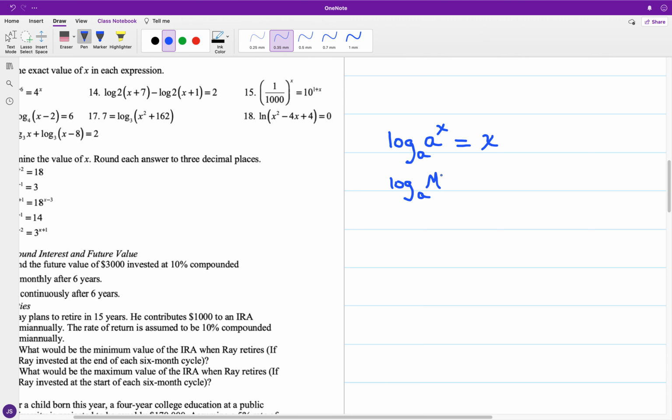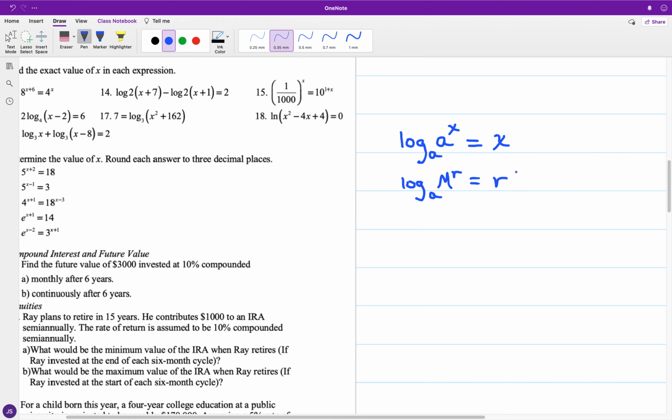And in situations where you don't have an identity, like in the case of the base a logarithm of m to the r, we can write the power r as a coefficient, where we have r times the base a logarithm of m.